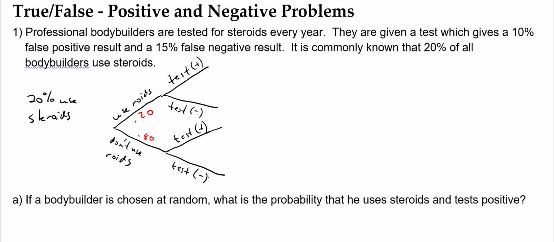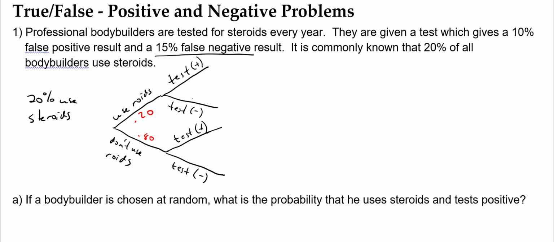Okay, so again, 20% use steroids, 80% don't use steroids. So if you use steroids, you really should be tested positive, right? Doesn't that make sense? If I use steroids, shouldn't that test come back as positive that yes, I did use steroids? So basically, it's a false, that you see this right here, the 15% false negative.